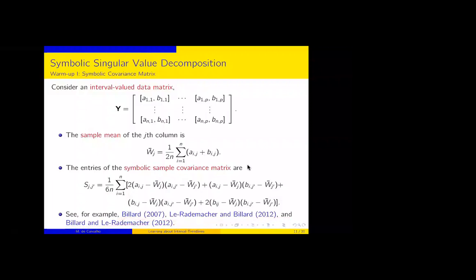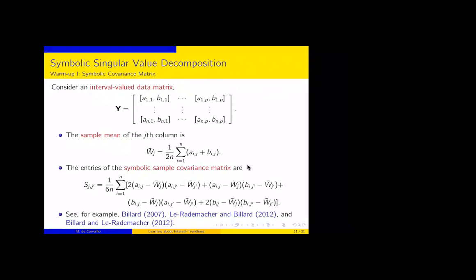You can construct a sample covariance matrix that is tailored for this interval valued data matrix, and this is how the entries of the corresponding covariance matrix would look. This is a main ingredient from the symbolic point of view for what we'll be doing here.